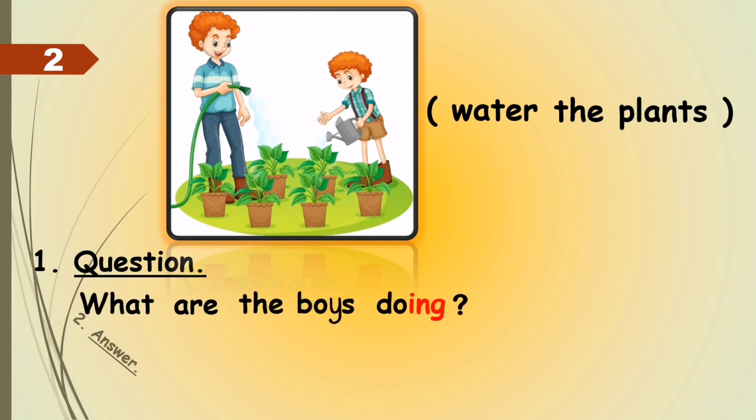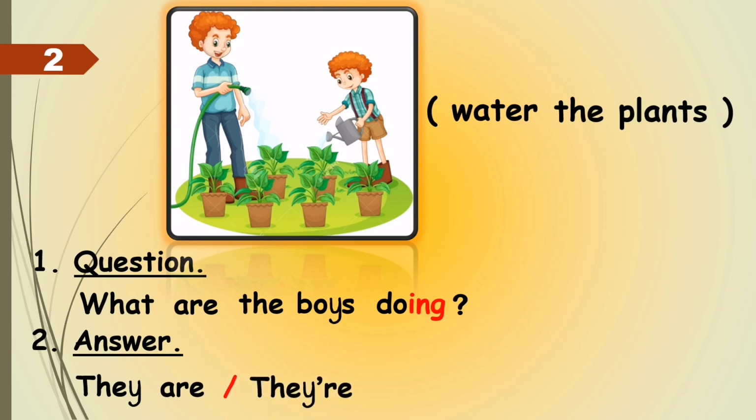And the answer. Begin your answer with the correct subject. Look at the question. Which is the subject? Yes, the boys. Instead of the boys, we can use they. And the verb to be for they is are. They are, or in the contraction form, they're.